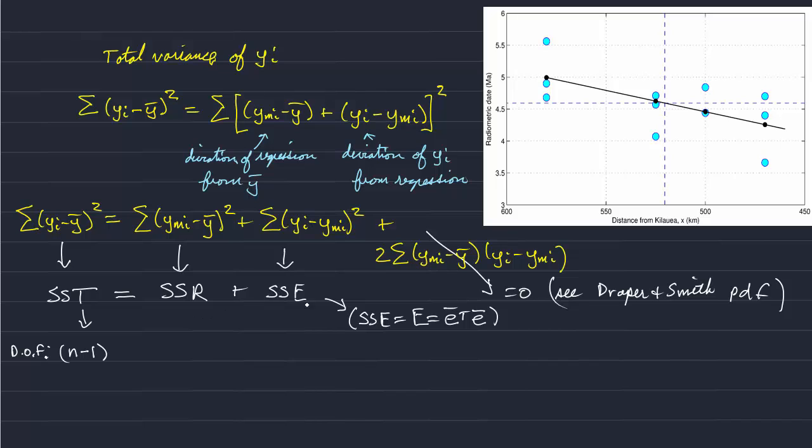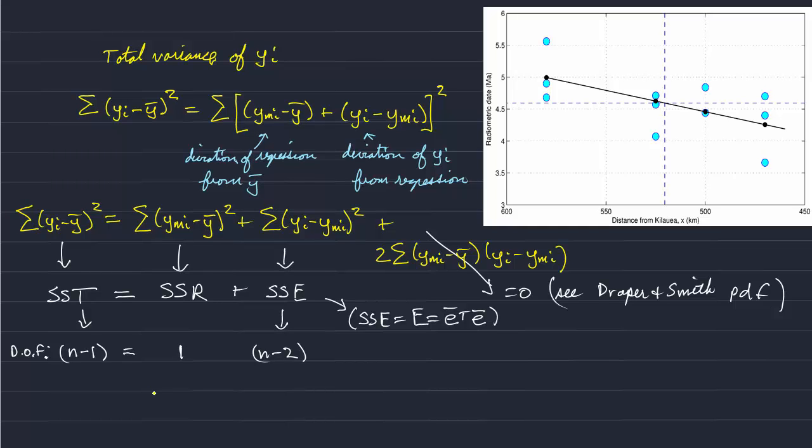The degrees of freedom for our errors is n minus 2, because again we have n values of y, and we have two model parameters, a1 and a2, that we've estimated. And it turns out that the sum of the degrees of freedom for each of these parts must also equal the total, and it turns out that the degrees of freedom here is 1.